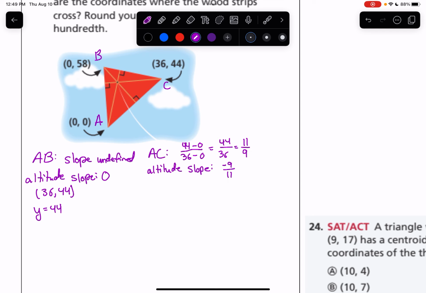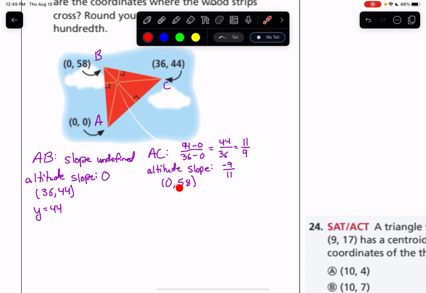So then I have this slope of -9 over 11. One of the points on the altitude is 0, 58. So we'll use that point 0, 58 and the slope of -9 over 11. And hey, look, this is another easy equation to make because this is the y-intercept of the line, right?